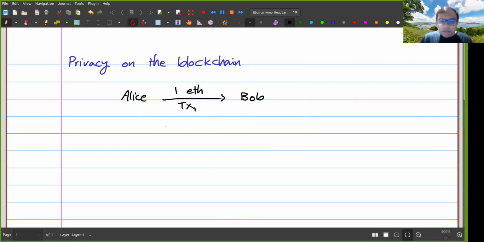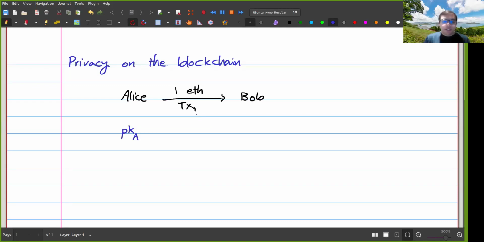Well, not the real world identity, but at least the blockchain identity. So it's going to contain Alice's address in the blockchain, which is basically her public key or the hash of her public key. So everyone on the blockchain sees that someone with the public key of Alice is actually making this transaction.